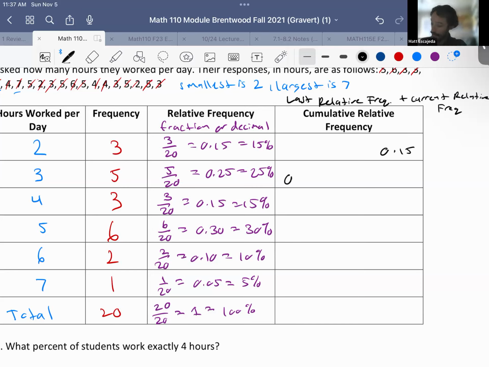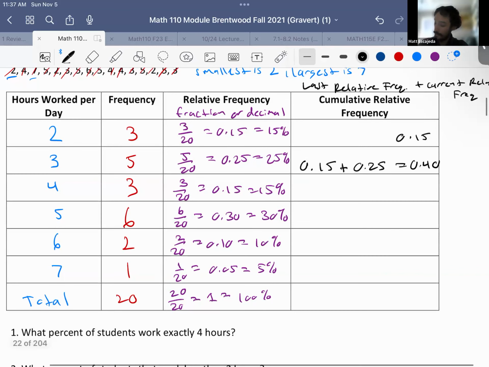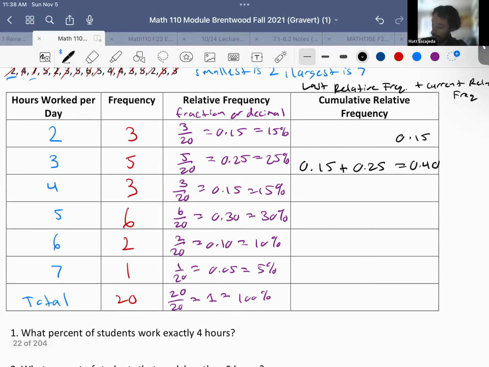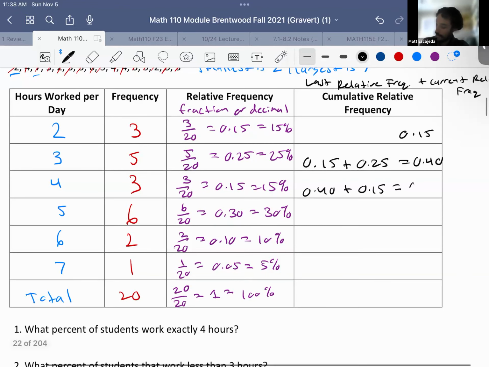Our last is 0.15, and we add our current one, which is 0.25, and that adds up to 0.40. Then we keep doing the same thing. Our last cumulative relative frequency is 0.40, and our current one is 0.15. We add those together, that's 0.55.